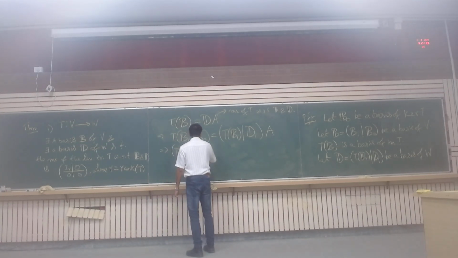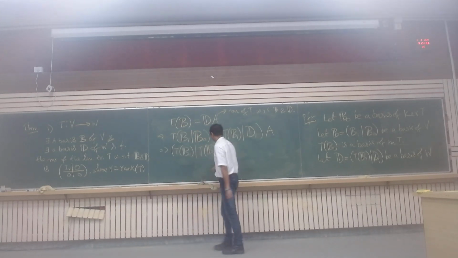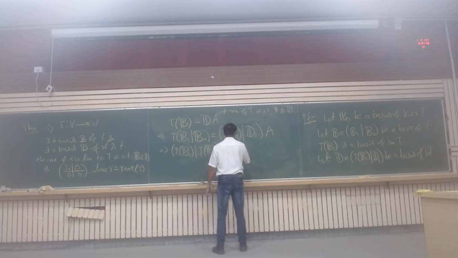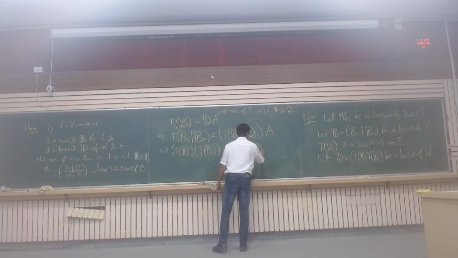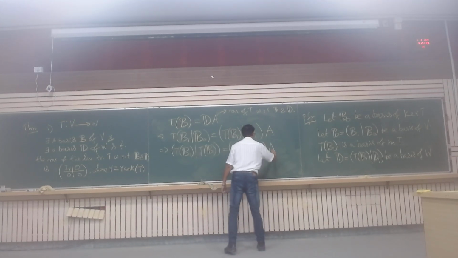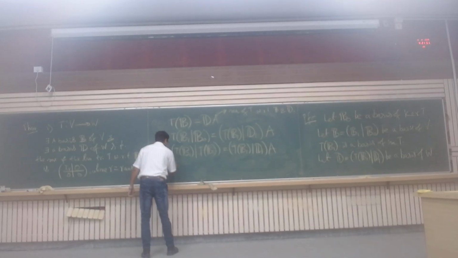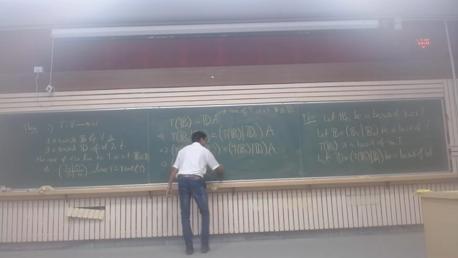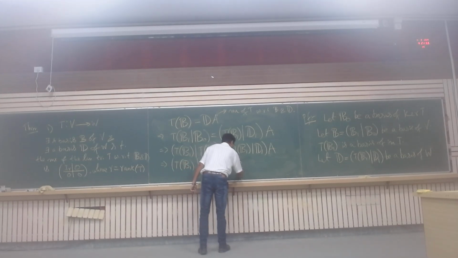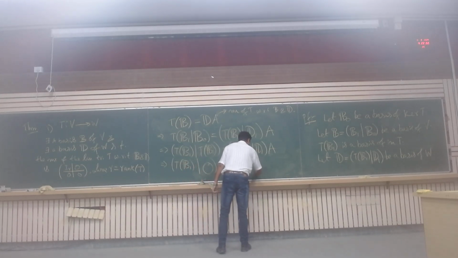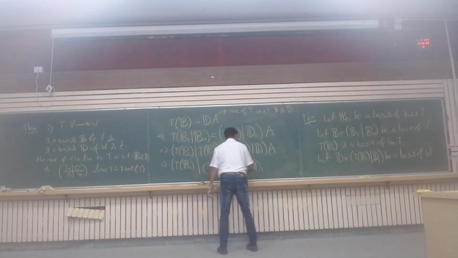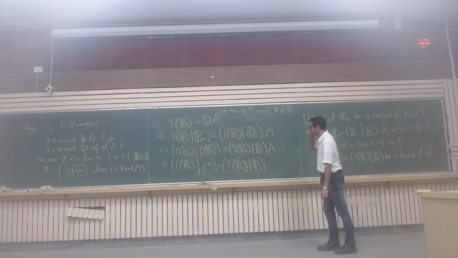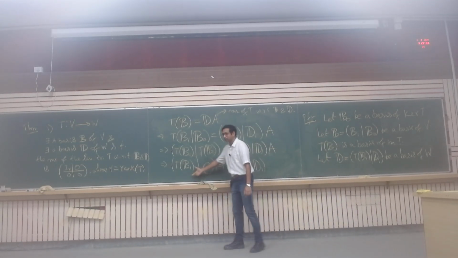What is T of B0? It's 0, right? That means you have here T of B1, and this one is full 0, okay, which is giving you T of B1, D1. Before we write A here, note that it's a basis, right?